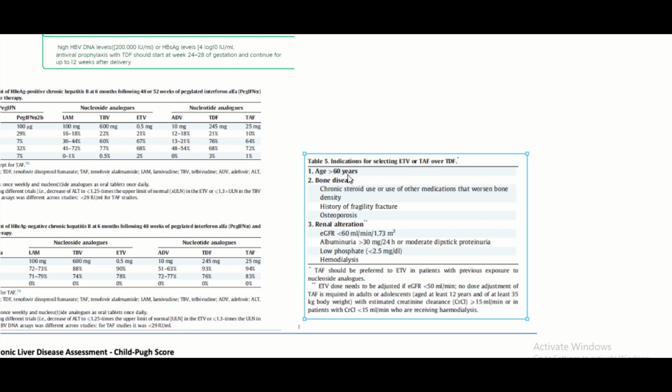The new NA drugs have really high efficacy, which can go up to 80% of elimination of DNA and 80% of ALT normalization. We can go back to our older table, which shows us the resistance for lamivudine and other drugs, and we see that tenofovir is the best.